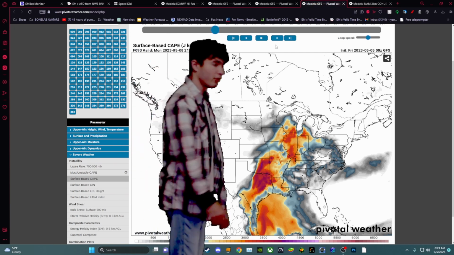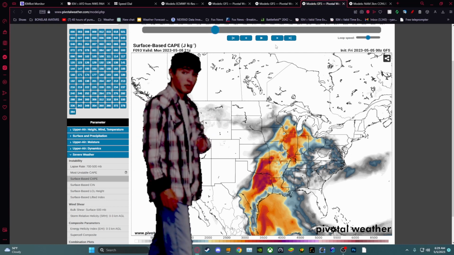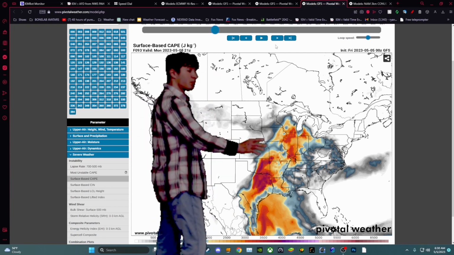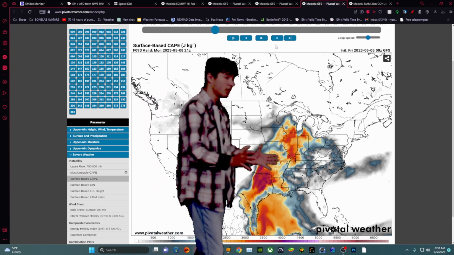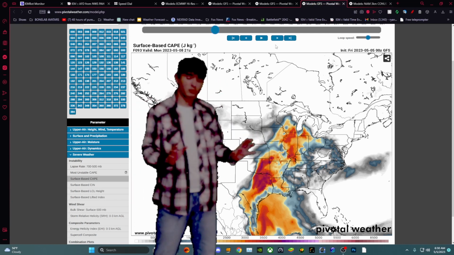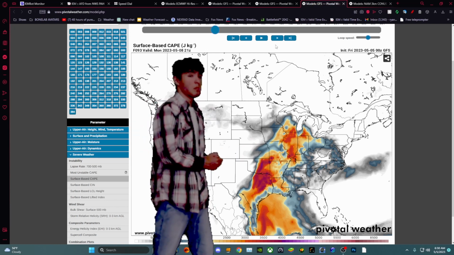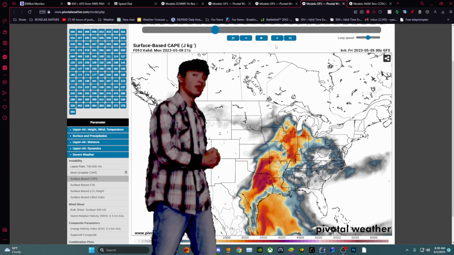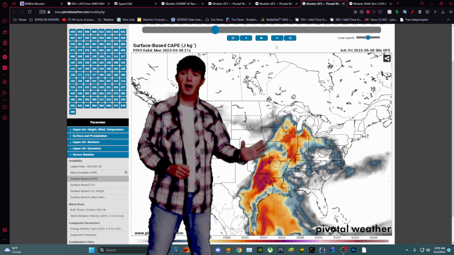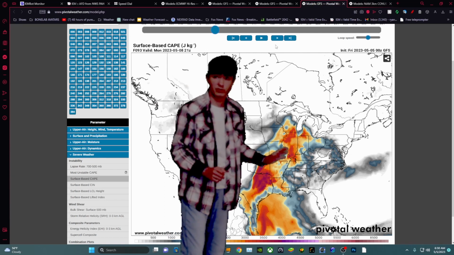Monday at 21Z, which is, quick math, 8 a.m. Look at all that CAPE. If we have thunderstorms on Monday, which we might, probably not actually, any storms that do initiate will have the right amount of instability in the air to become severe.